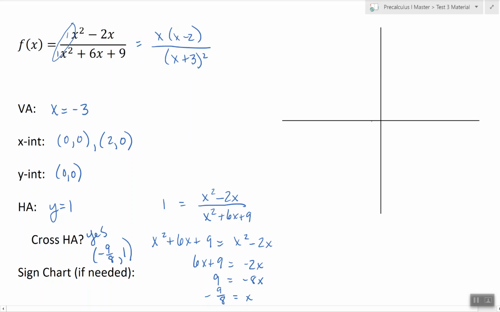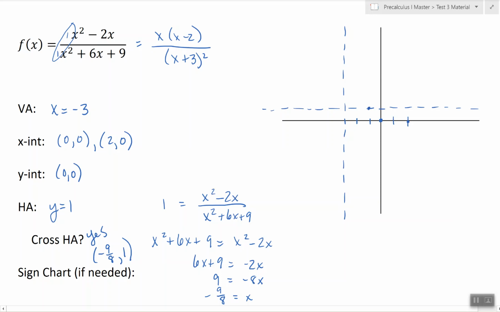All right, x equals -3 is the vertical asymptote. X-intercepts 0, 0, and 2, 0, and y-intercept 0, 0, of course. Y equals 1 is your horizontal asymptote, and we cross at -1 1/8, 1.